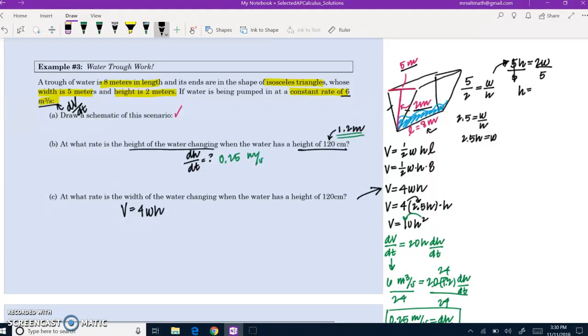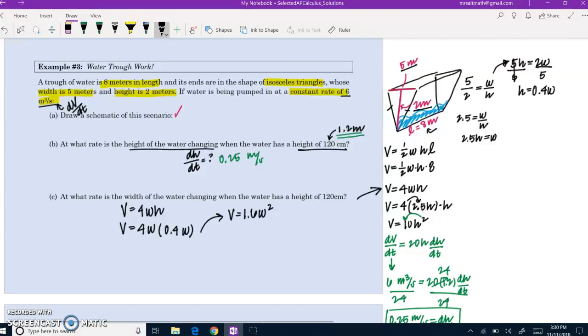So if we reverse the relationship, we have H equals 2/5 W. That's the same thing as saying H equals 0.4 W. So we can use that to substitute into this equation. Then volume equals 4W times 0.4W. So volume is equal to, 4 times 0.4 gives me 1.6, and then W times W is W squared.